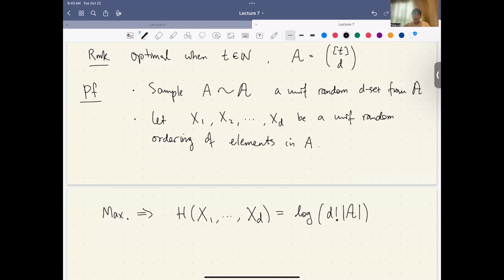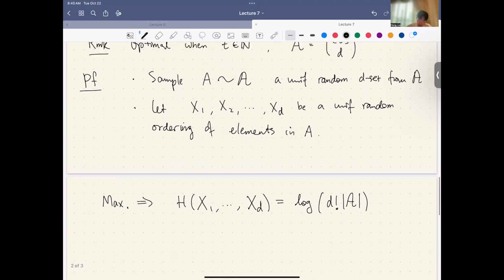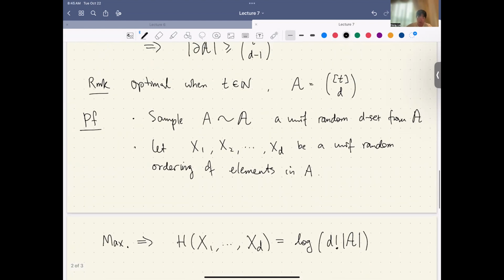Okay, so on the left-hand side we have this familiar product space H of x1 to xd. We're going to use the chain rule. That's the first thing that should come into our mind. But let me first expand this guy.